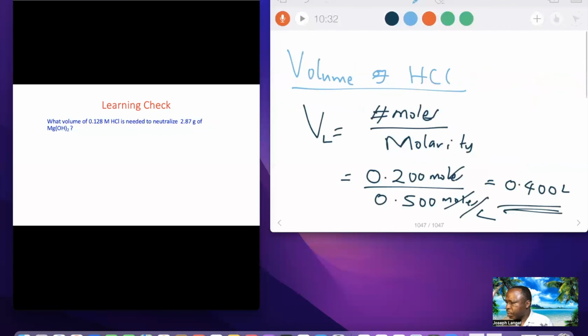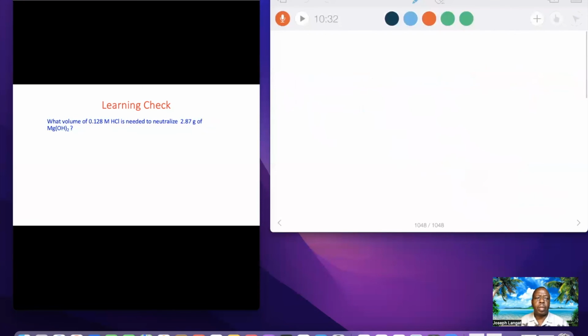Let's see another example on the learning check. What volume of 0.128 molar HCl is needed to neutralize 2.87 grams of magnesium hydroxide?